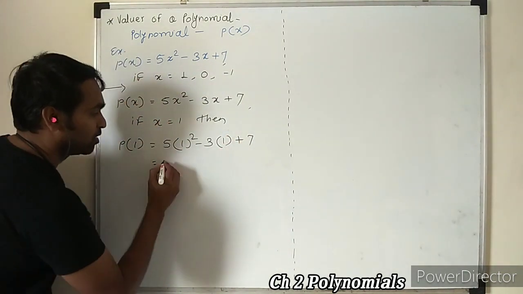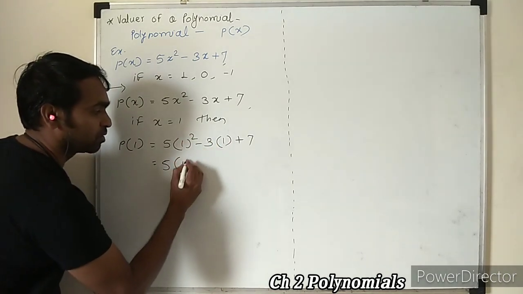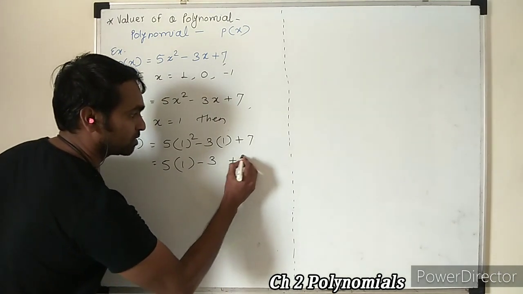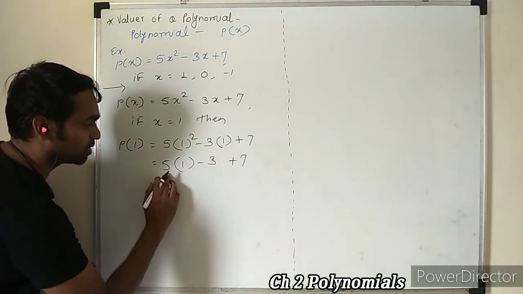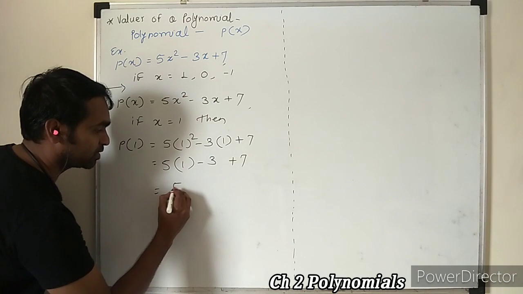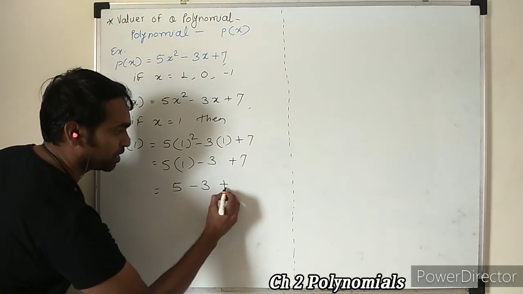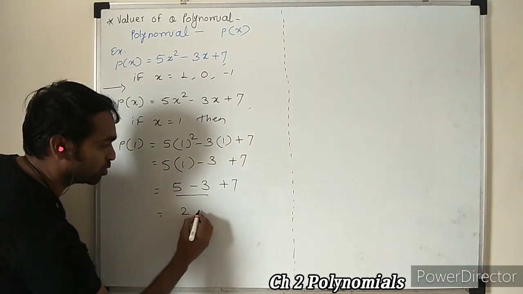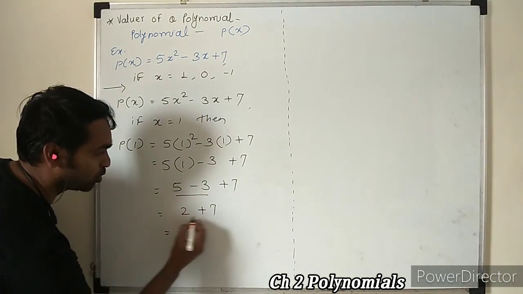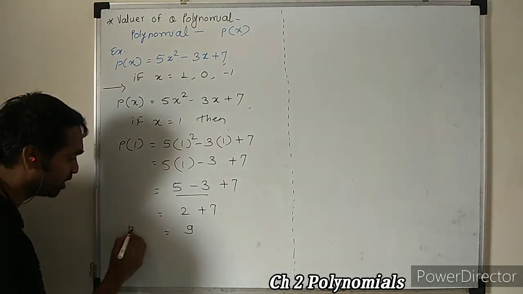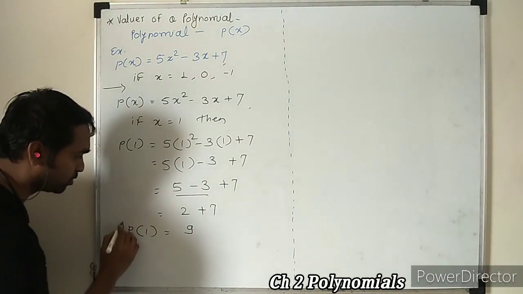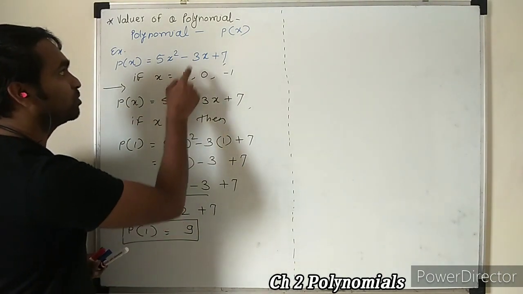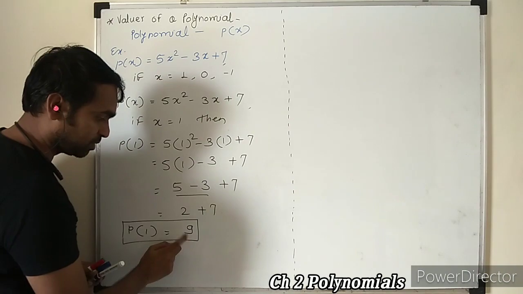Then solve. 5 into 1 is 5, minus 3 plus 7. First, 5 minus 3 is 2, plus 7 is 9. So P of 1 is equal to 9. If x is equal to 1 is put in the equation, your answer becomes 9.